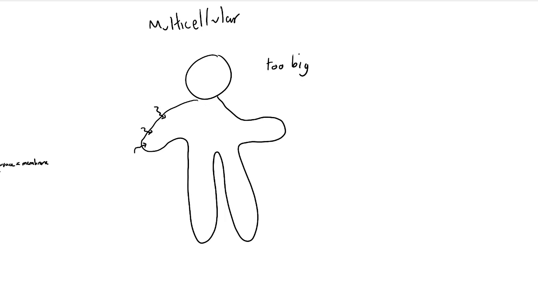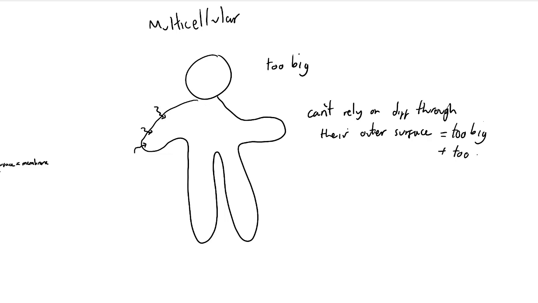So actually they can't rely on diffusion through their outer surface. Because they're just too big. And they've too many cells.